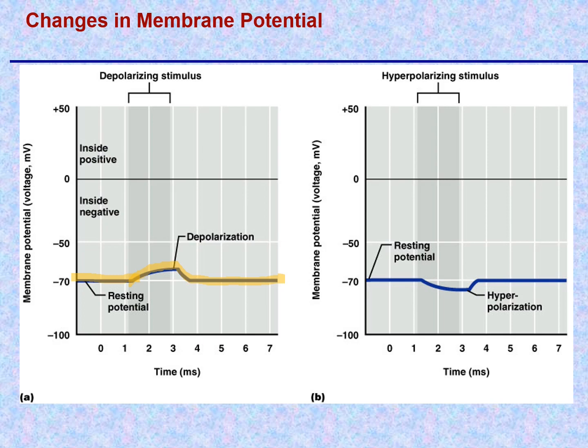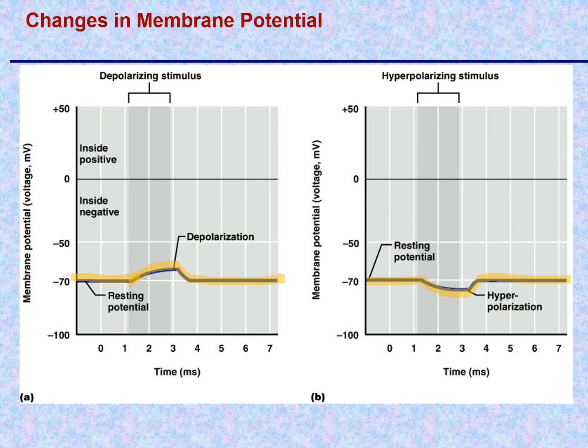You can even get a hyperpolarizing stimulus to the resting neuron, and it becomes more hyperpolarized. It may return back to the normal resting membrane potential, but it can momentarily become hyperpolarized or depolarized.